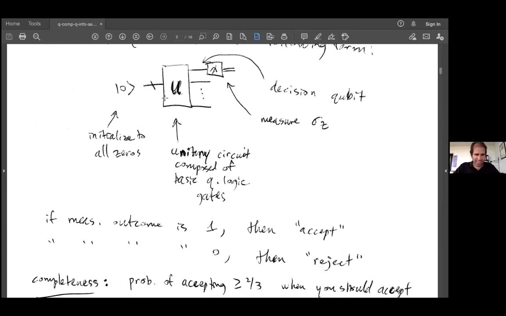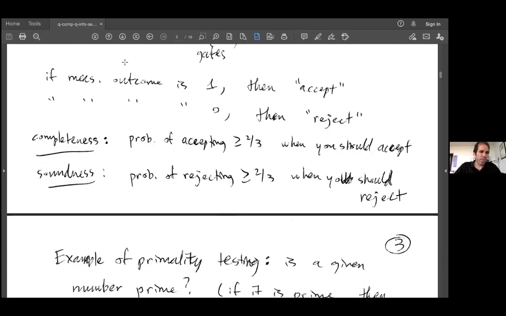To be a bit more specific, with prime number testing, you take the integer and convert it to a binary sequence, and then the number of gates in the circuit should be no larger than a polynomial in the length of the sequence that specifies the number. If that's the case, then we say that the computation is efficient and it's in BQP.